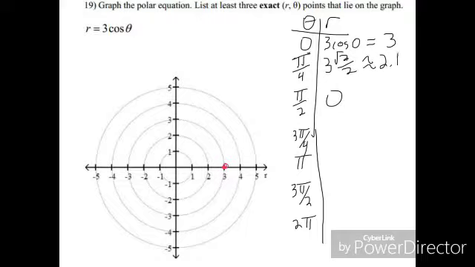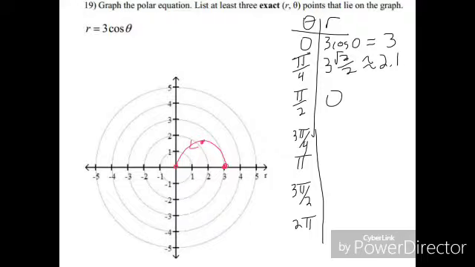So again, in the pi fourths direction, we're out 2.1. So that would put us 2.1 about there. A little closer. That's close enough. And then in the pi halves direction, we're at 0. Puts us right at the origin. So what we have is a graph that's going in this direction. So far, that's what we have.